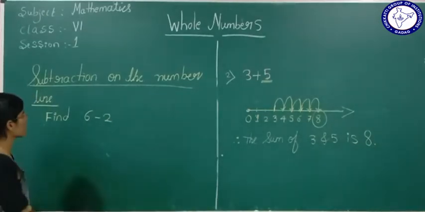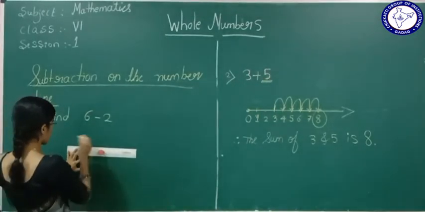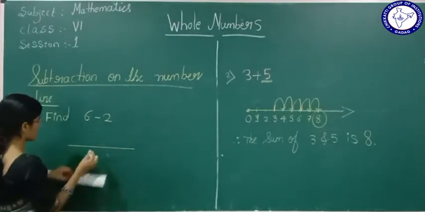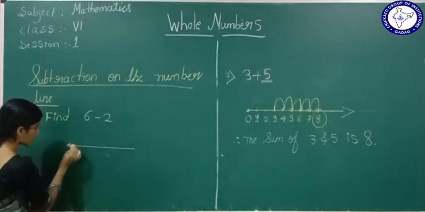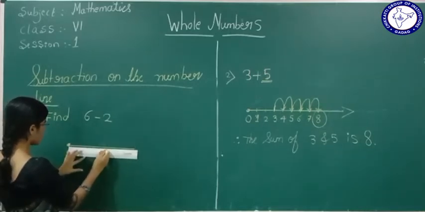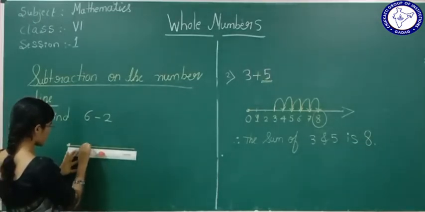So what do we have to do? First we draw a line. Okay. And first we have to mark 0. The second point we have to mark is 1.